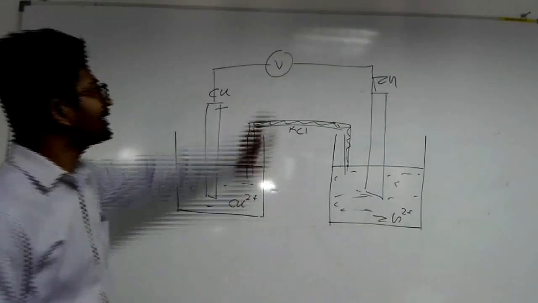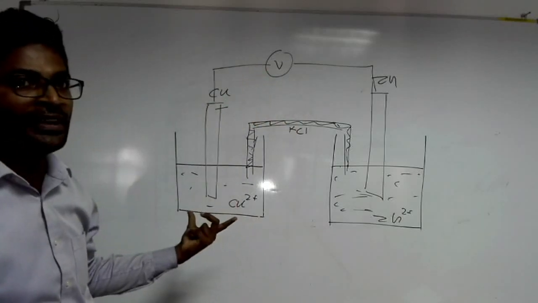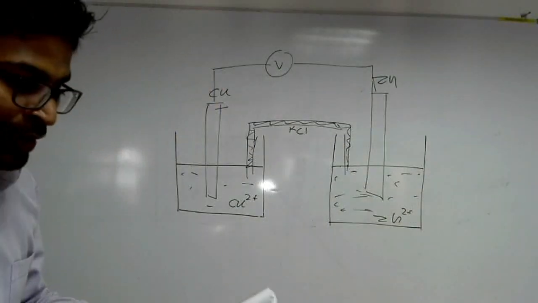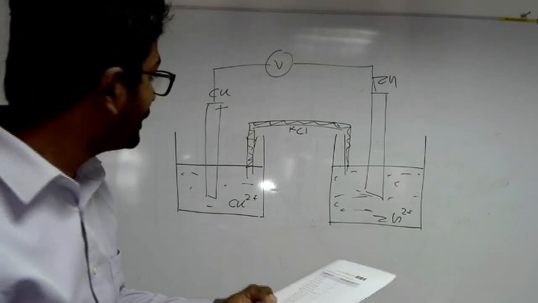Now here you connect a voltmeter to this system, and then according to the electrochemical series, we see the electrode potential or standard potential of copper and zinc.